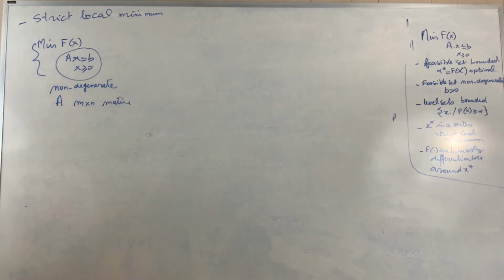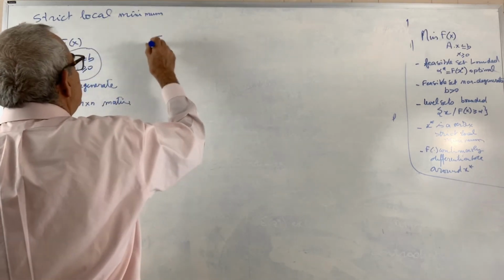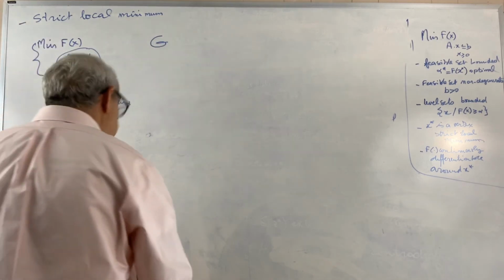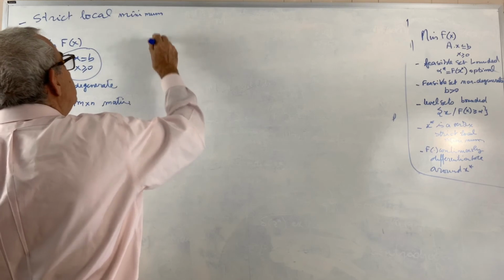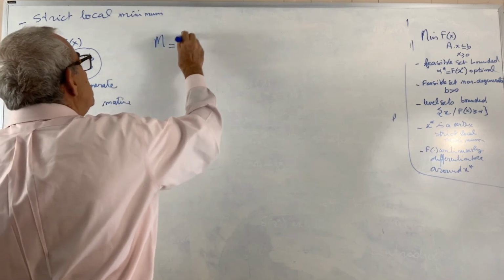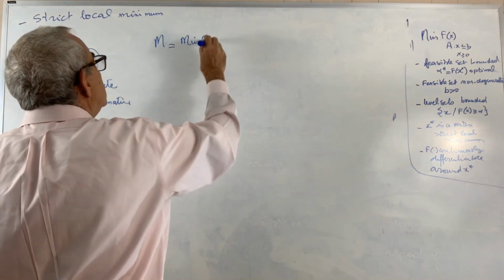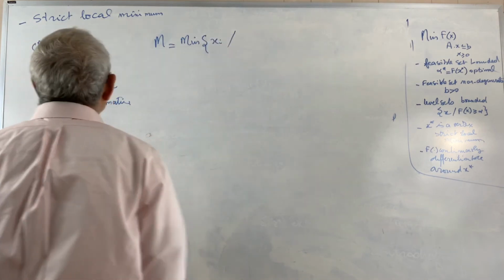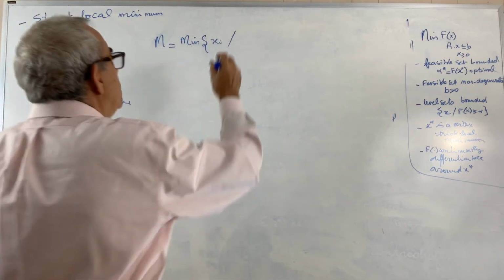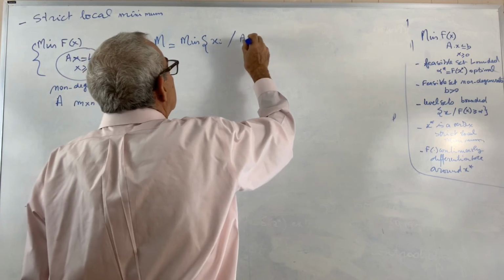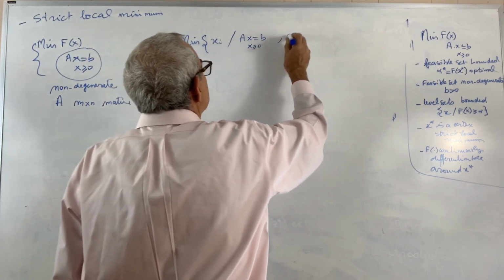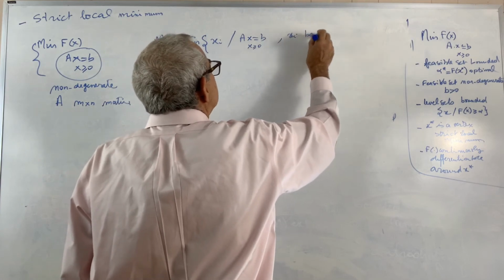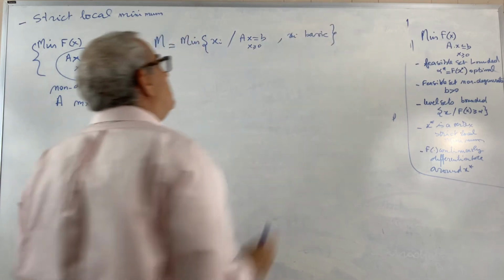First of all, I'm going to call M the minimum of x i subject to Ax equal to b, x greater or equal to 0, and x i basic.